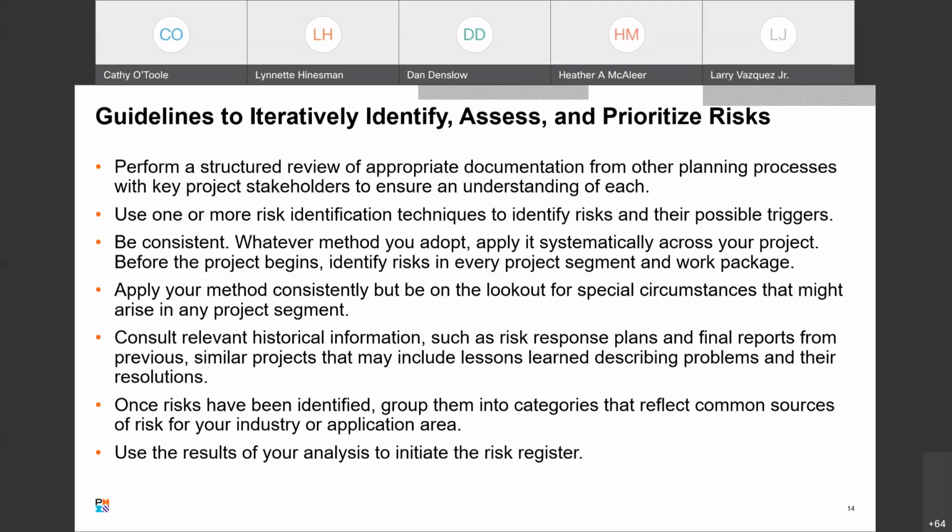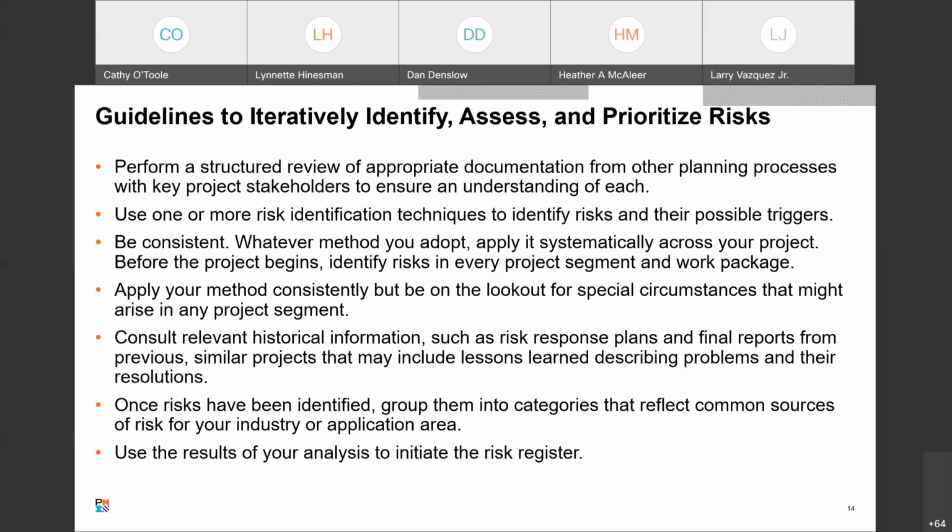And a lot of times things hopefully get fleshed out during testing, which is why that's an important phase of your project, especially in software development. And then also consulting relevant historical information, such as risk response plans and final reports from previous similar projects that may include lessons learned, which describe problems and how they were resolved.